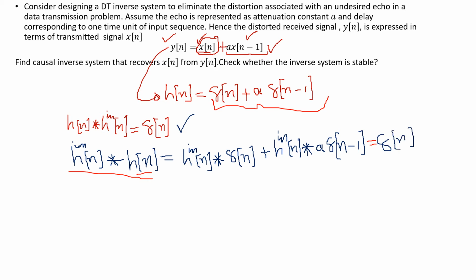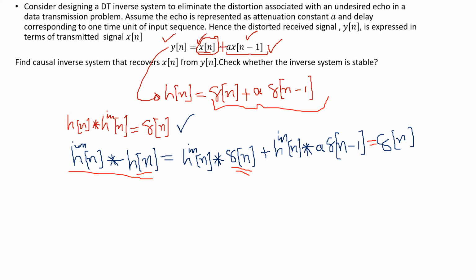Now we use the property that impulse is the identity of the convolution operation. Convolution is also an operation just like addition, subtraction, multiplication, etc. The identity of multiplication is 1, so you multiply anything with 1 and you get the same thing.